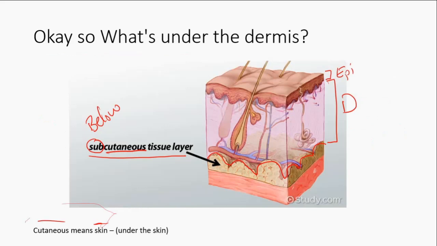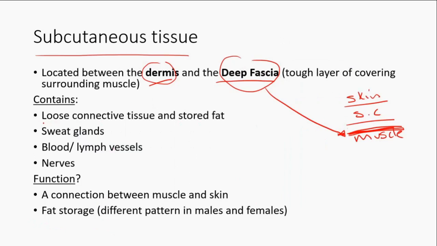If you look back here, it looks like fatty, spongy material. It's loose connective tissue, and most important, it stores fat. Why is it loose connective tissue? Because it's there to connect two things together. Remember we said one of the functions of collagen is to connect things.